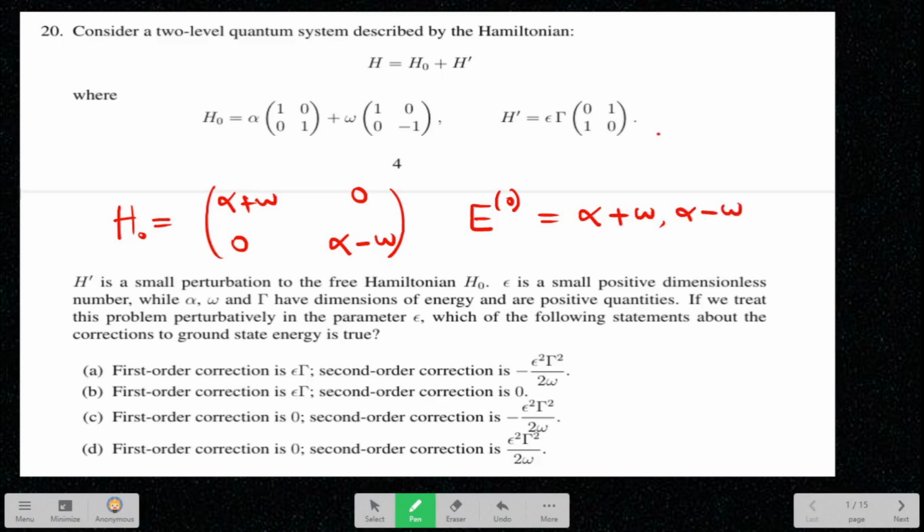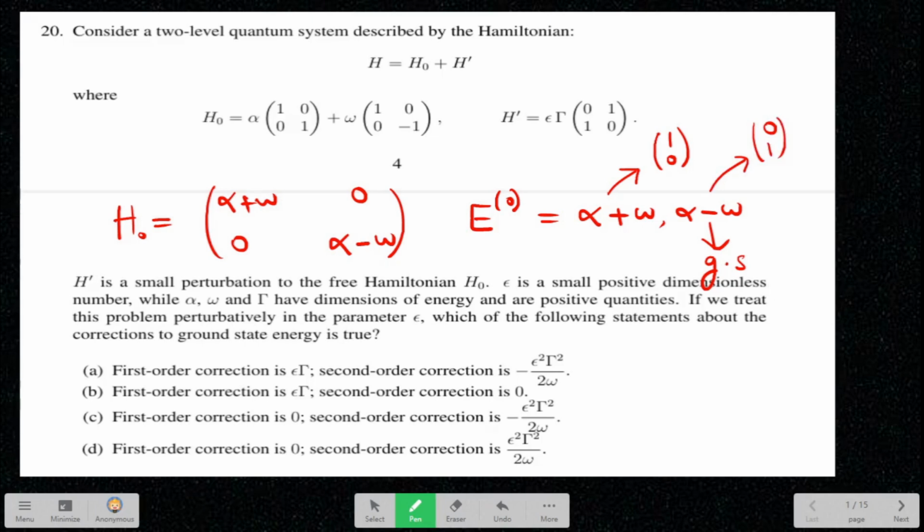The smallest one here is alpha minus omega, which will be the ground state. So the ground state energy is alpha minus omega. We also know that the eigenstate corresponding to alpha plus omega will be (1, 0), and the eigenstate corresponding to alpha minus omega will be (0, 1).